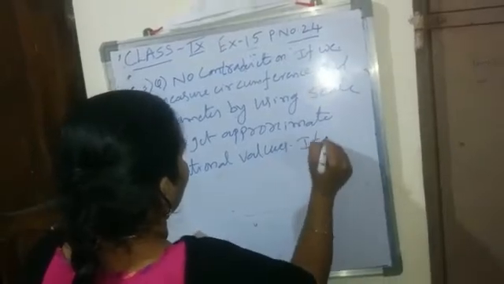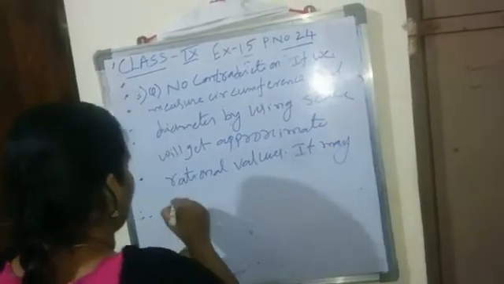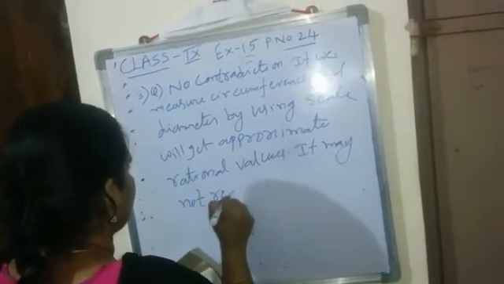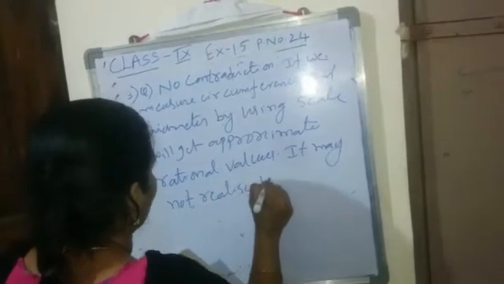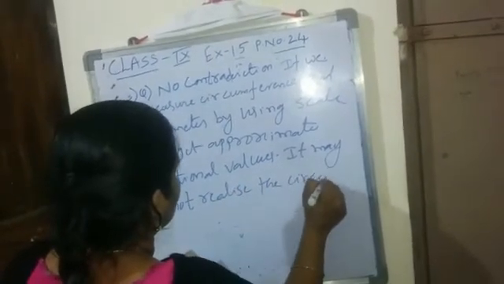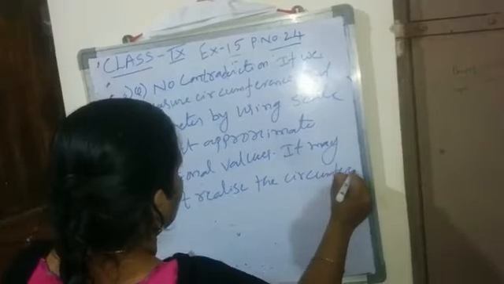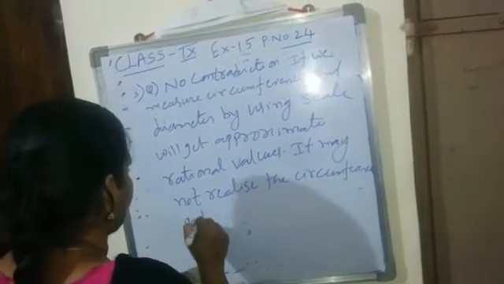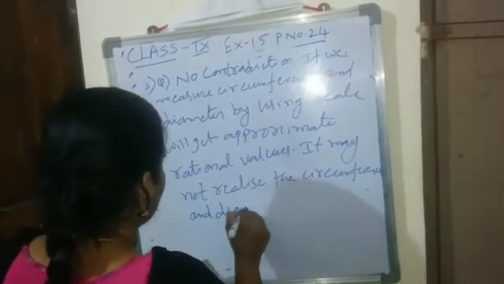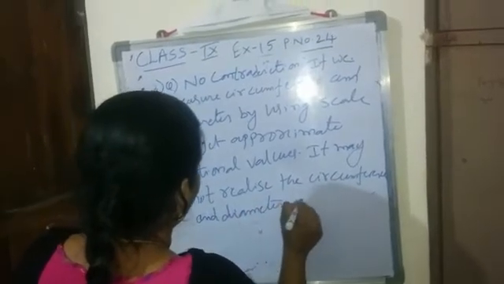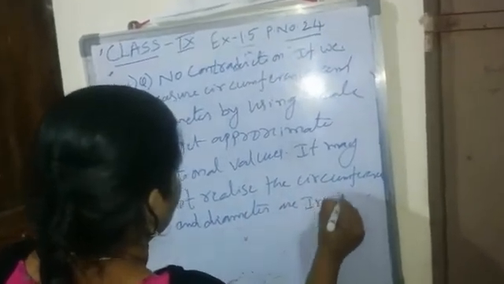So it may not realize that the circumference and diameter are irrationals.